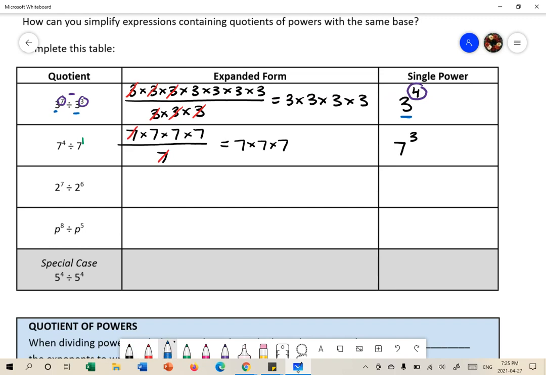So 4 subtract 1 is equal to 3. So when we're multiplying bases that are the same, we are adding the exponents. And when we're dividing bases that are the same, we're subtracting the exponents.